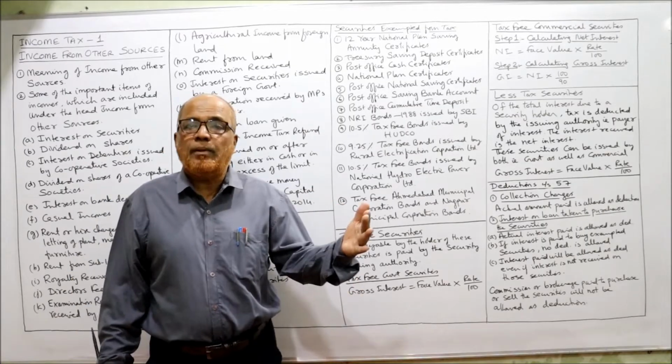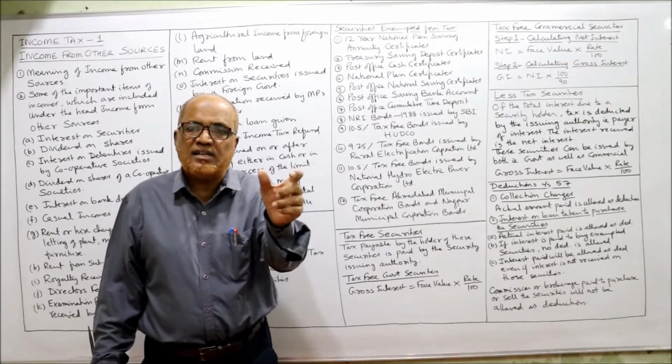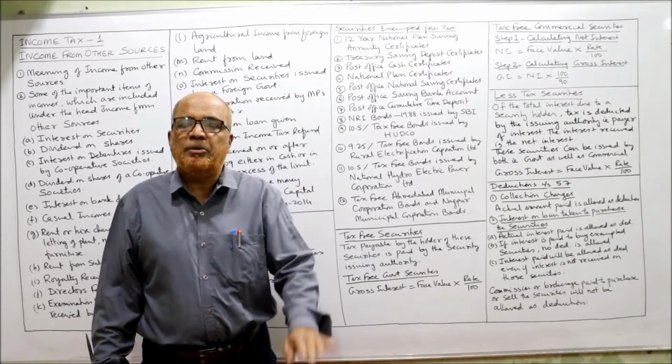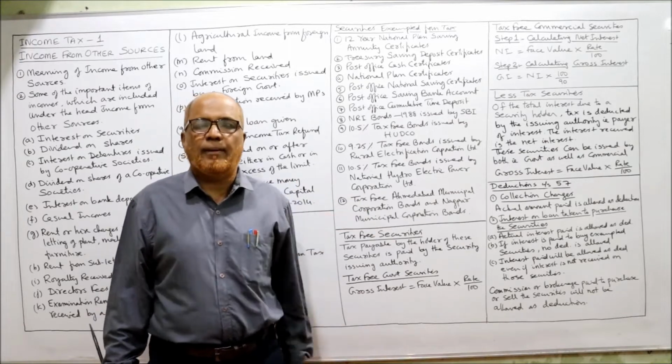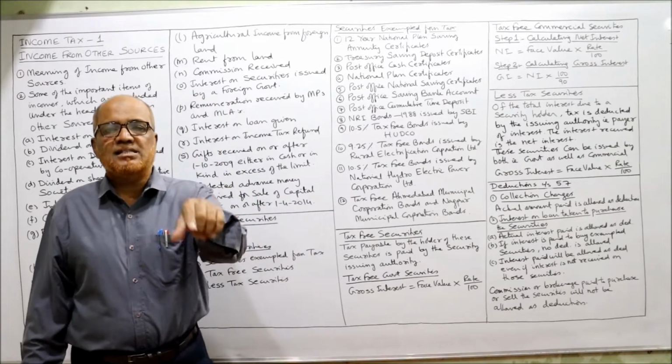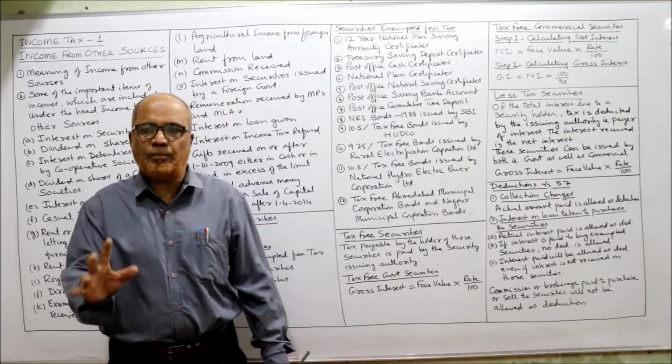Now, while doing the problem, you have to see whether this security is exempted or not. If it is exempted, interest should not be calculated, only a note should be given that this security is exempted from tax, so interest is not calculated. That is the point.